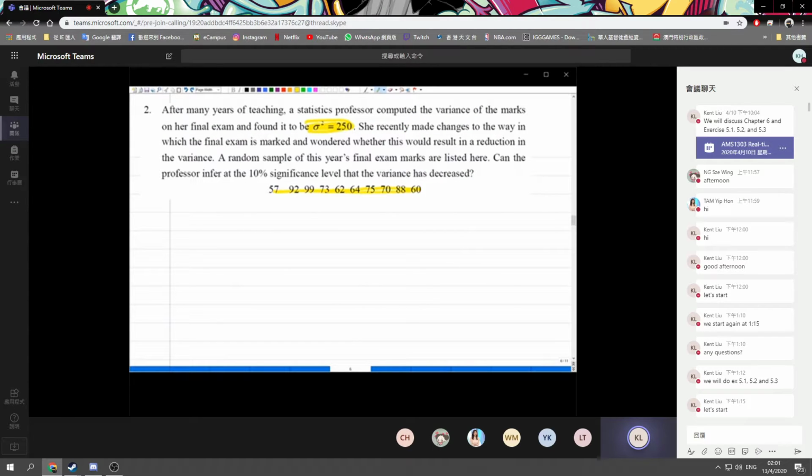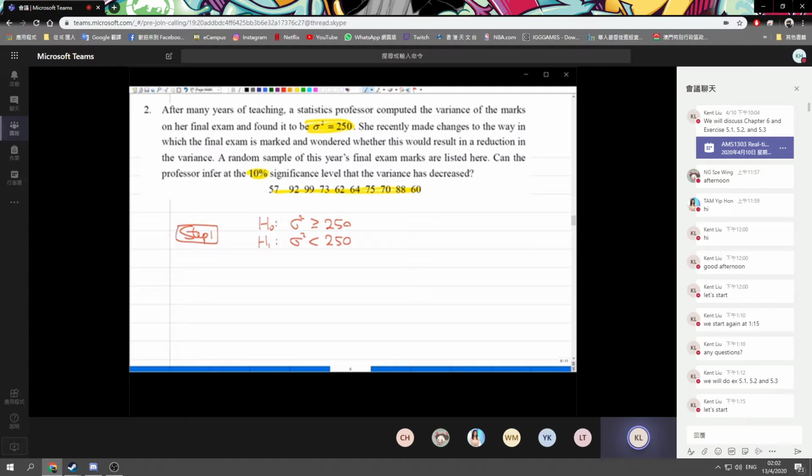She wants to use 10% significance level to test whether the variance has decreased. By decreasing, we mean it is less than what we had before, which is 250. Since this statement does not involve an equal sign, this has to be the alternative hypothesis. And so the null hypothesis is sigma squared greater than or equal to 250.